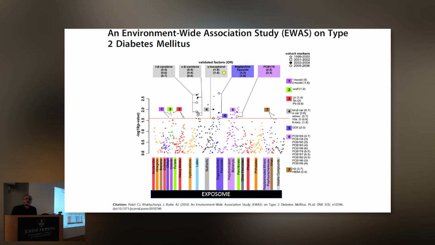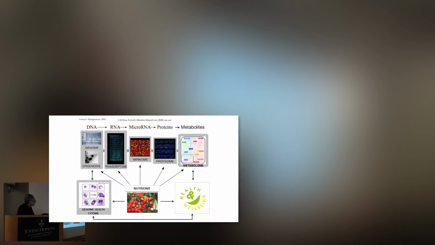So this is another way of looking at risk factors. And given that environmental factors are thought in many cases to have a stronger effect than genetic factors, it's very important to also look at the environmental issues and nutrition in this way, and ultimately to integrate this with the GWAS, or genome-wide association study data.